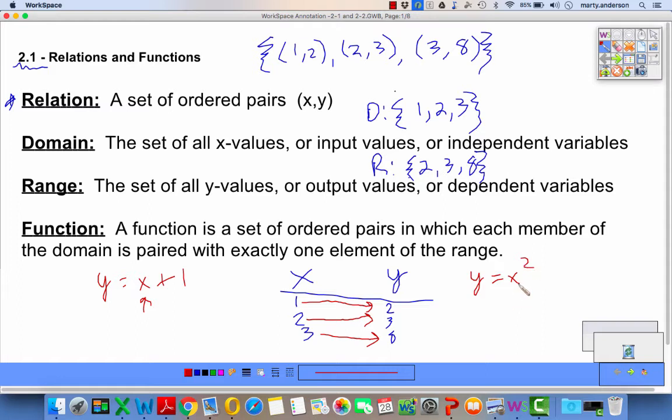I can't put the same value in for x, square it, and get 2 different answers for y. Now in this case, I can get the same y. I put 2 in there, square it, and get 4. And I can put negative 2 in there and get 4. But again, we're only worried about the domain values or the input values when we're concerned with whether or not it's a function.